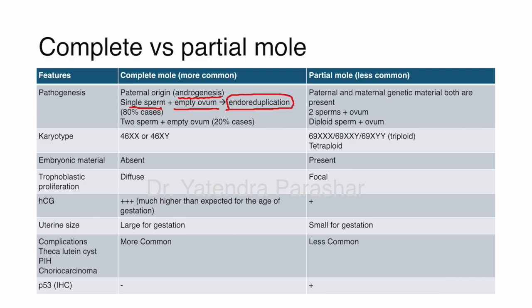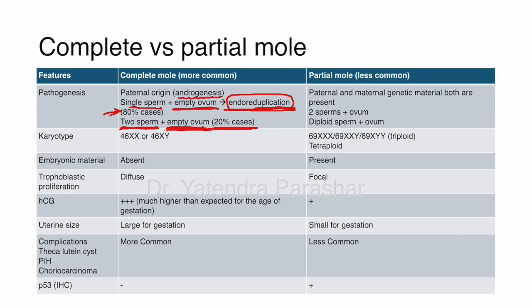That means a single sperm fertilizes an ovum without its pronucleus, and only the sperm nucleus undergoes reduplication to form the diploid chromosome number, and it is the most common pathogenesis. Second, we can see two sperm fertilize a single ovum which does not have a pronucleus, so it is the empty ovum. It can be seen in 20% of cases.